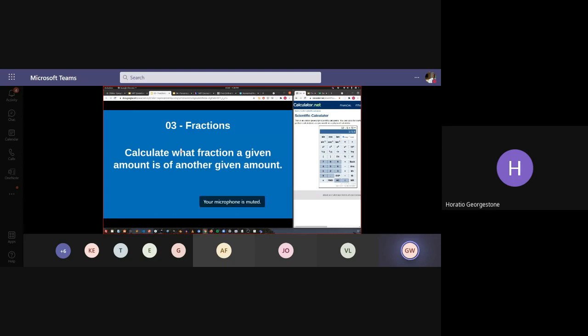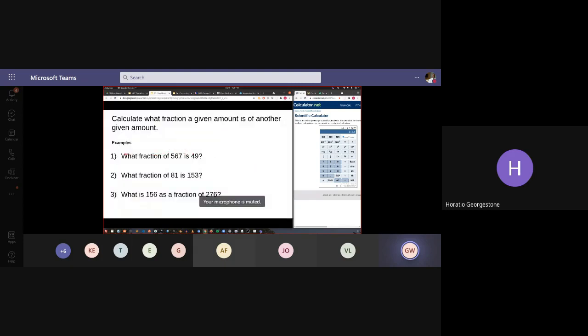Calculate what fraction a given amount is of another amount. Sounds a bit wordy, but it's actually quite straightforward. For example, what fraction of 567 is 49? The difficult thing with this really is the wording. The thing to focus on is the word "of". Which number has the word "of" in front of it?